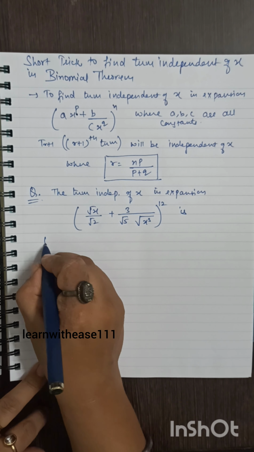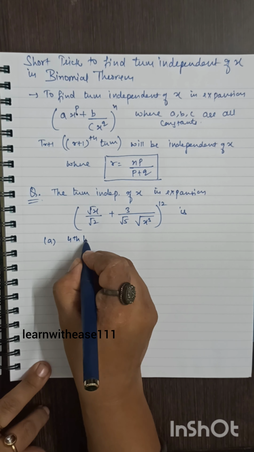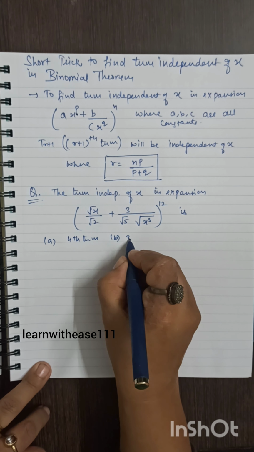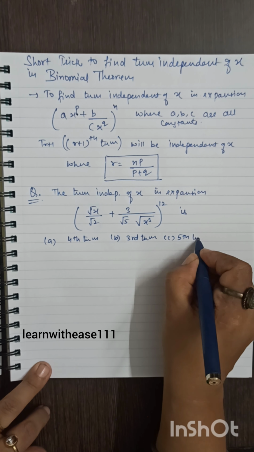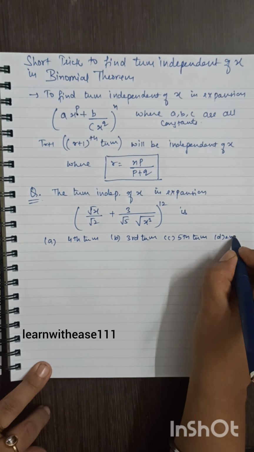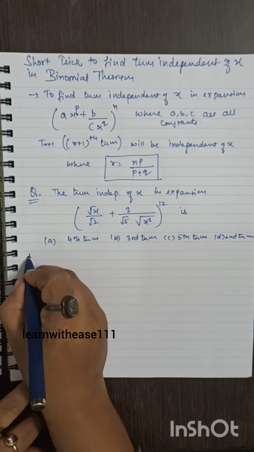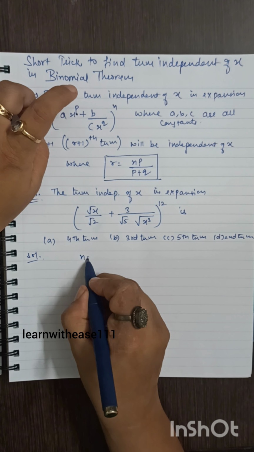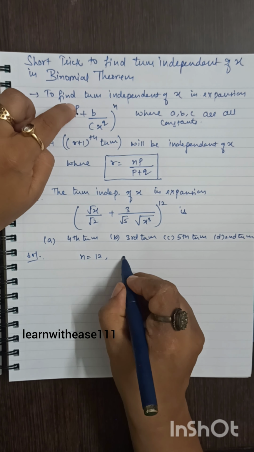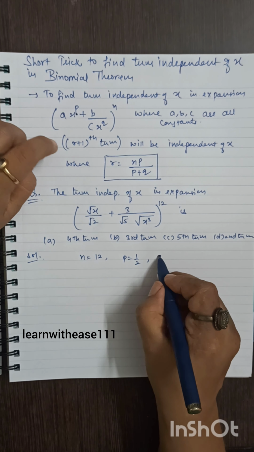This is given with the options fourth term, third term, fifth term or second term. These are the options given. So we need to check only for n, p and q.